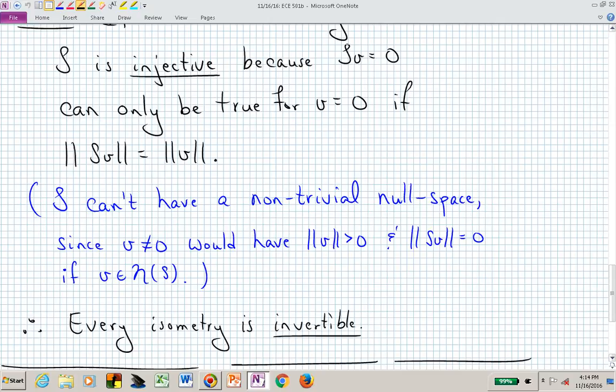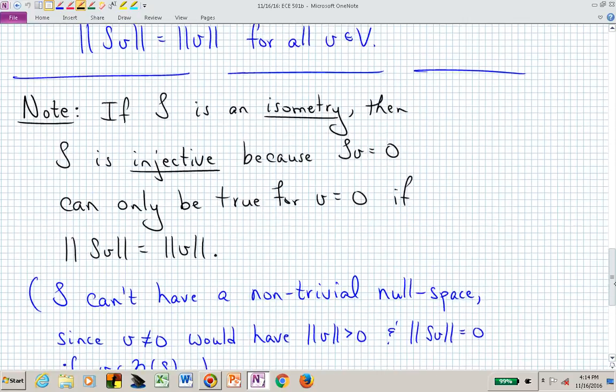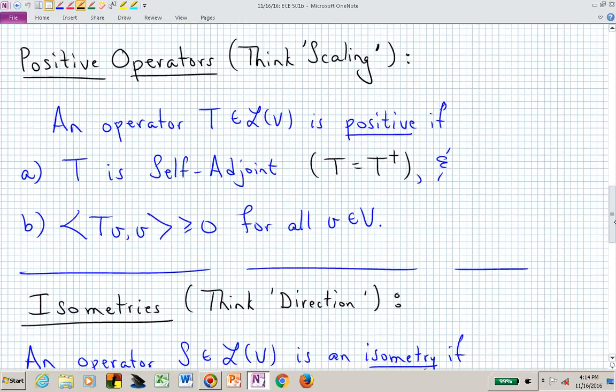So every isometry can be inverted. We can find the inverse of an isometry. That's not necessarily the case for a positive operator, because positive, remember, is a little bit mislabeled. It really should be non-negative operators, but the positive name has just stuck. We could have eigenvalues that are 0.